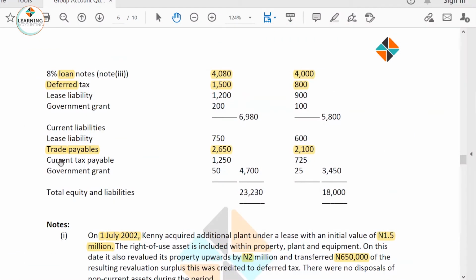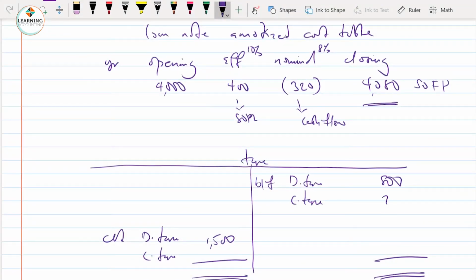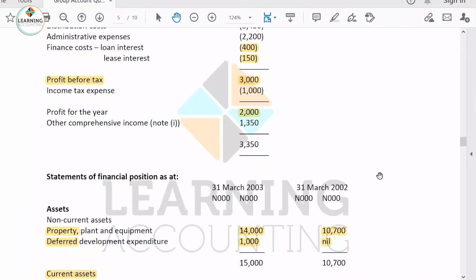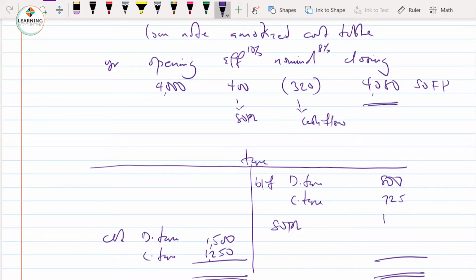Then the current tax, we have 725 and 1250. In the profit or loss, we have the tax expense for the year, which is 1000, and we have a deferred tax as a result of the revaluation gain, which is 650.